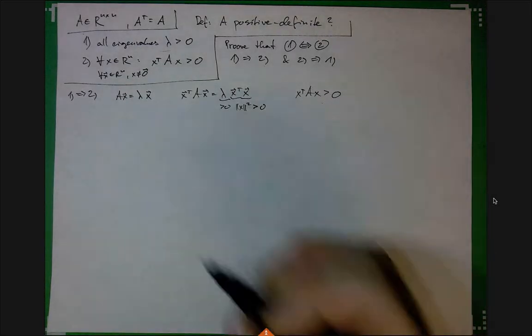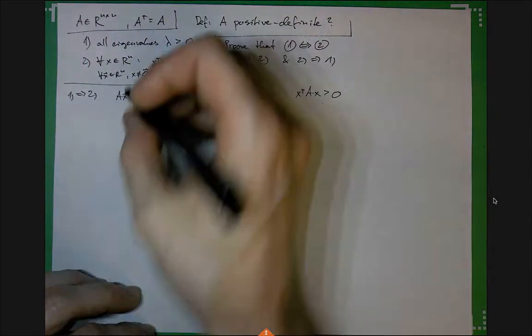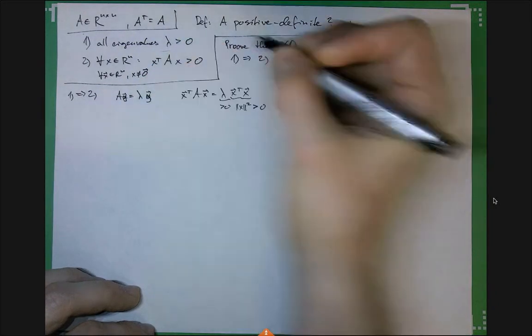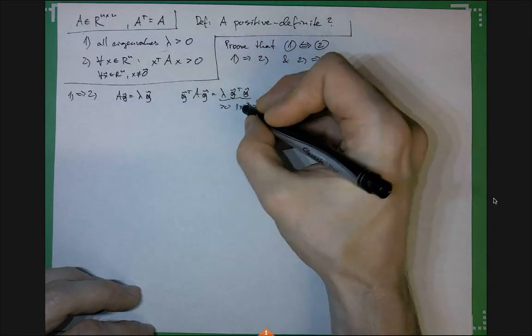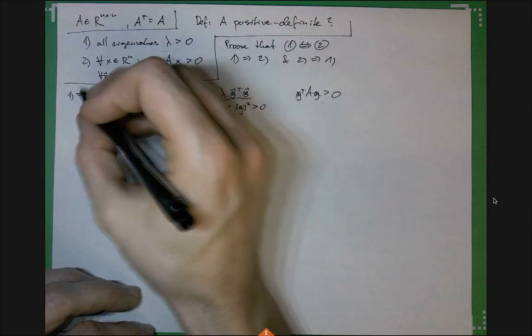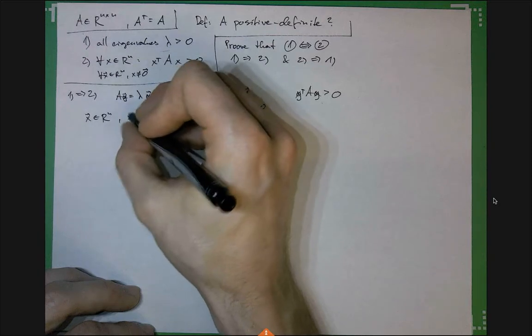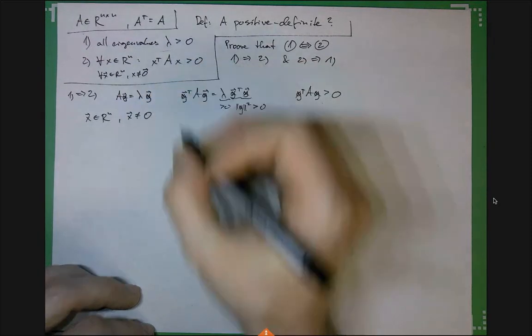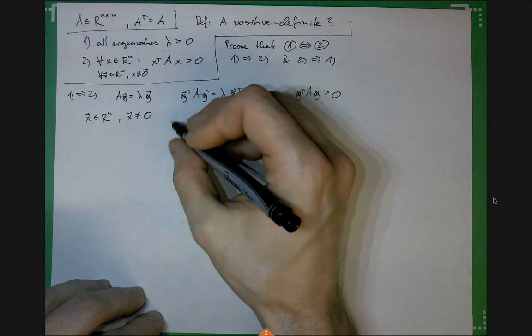Maybe I shouldn't have called this x, maybe I should have called the eigenvector y. And if I'm given a general x, and all I know about x is that it is not 0, what can I do about that?